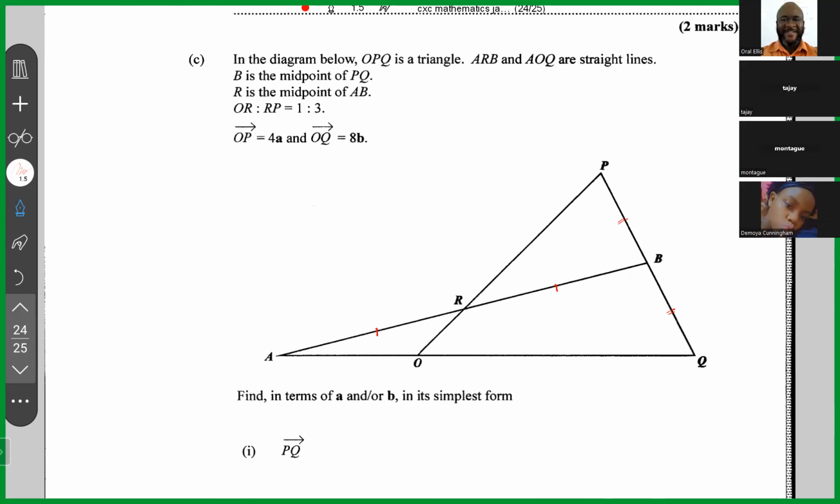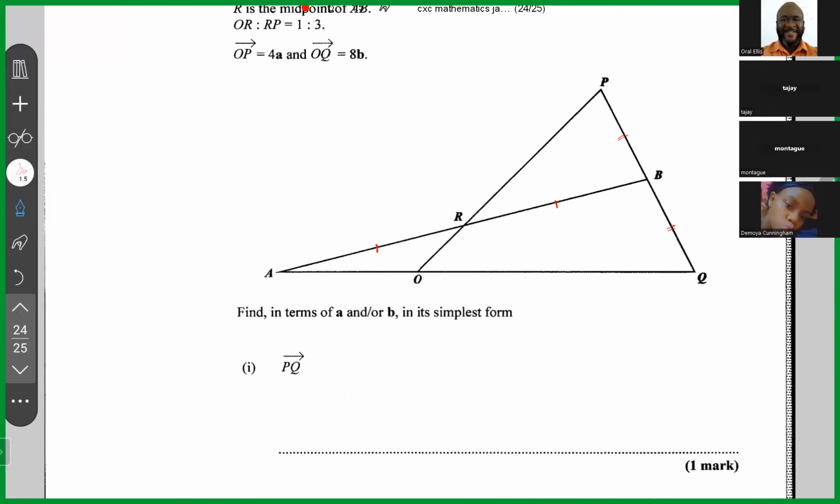All right, so remember, if something is divided in the ratio 1 to 3, it's like saying that the thing is divided into 4 equal parts. We're told that OP is 4A, so the vector OP is 4A, and OQ, these are like position vectors, is 8B.